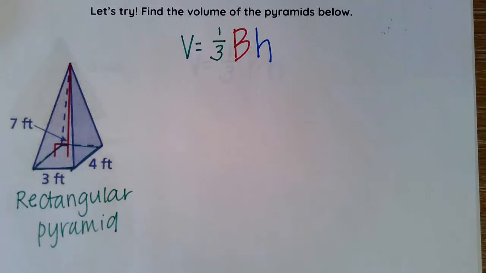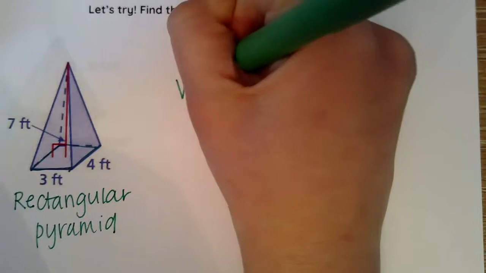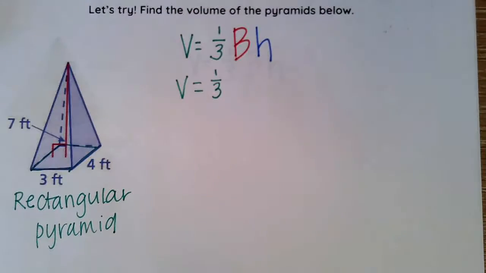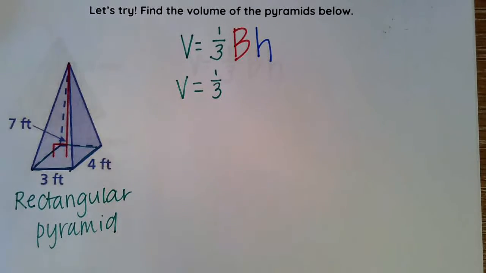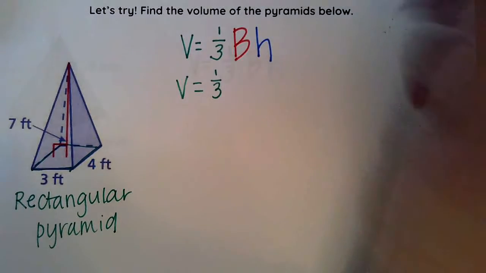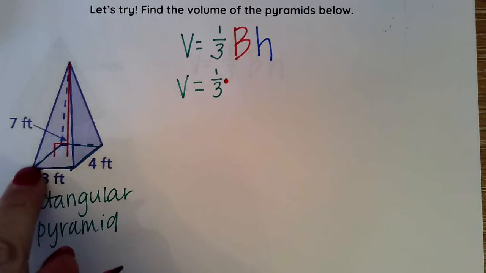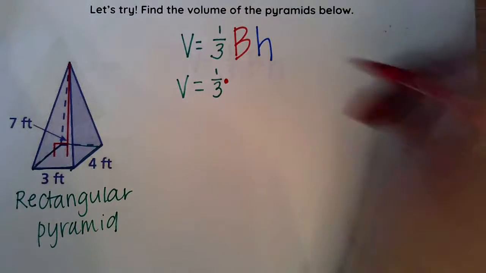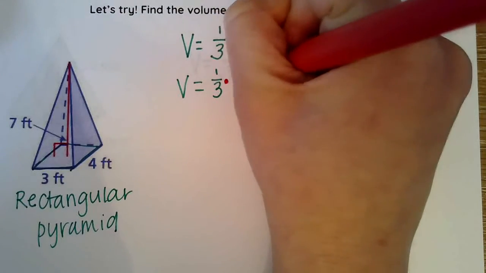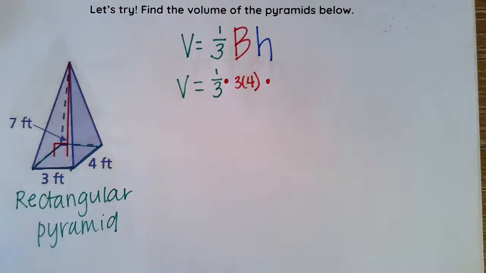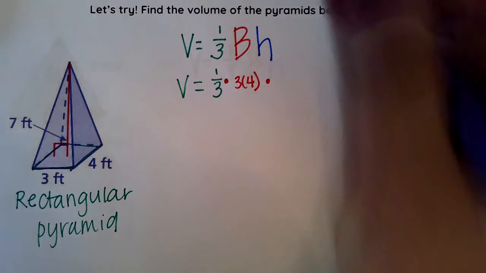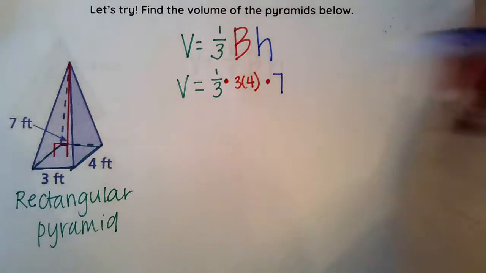So I plug into my formula. That 1/3 stays the same. Again, that can mean multiply by 1/3 or divide by 3, however you want to work that. And we multiply that by the area of our base. Since it's a rectangle, we multiply length times width here. And then we multiply that all by the height of my pyramid.